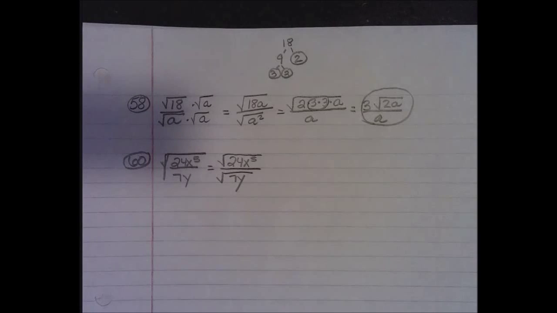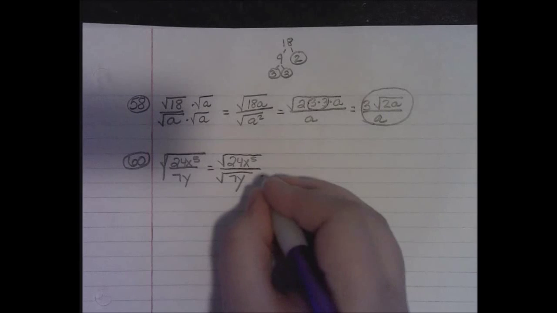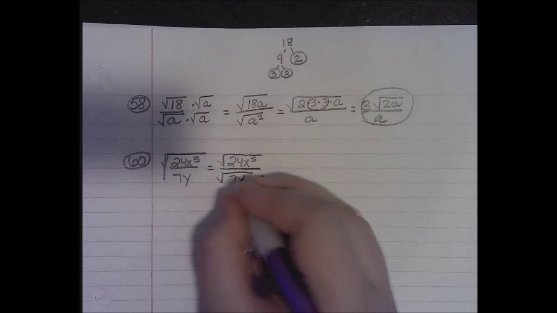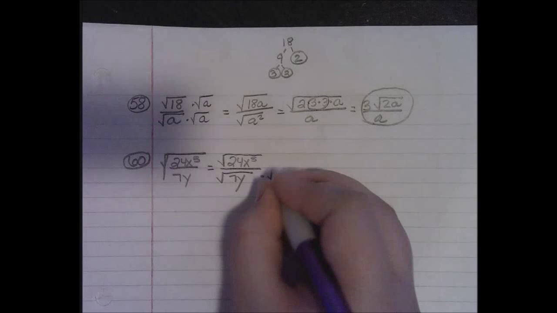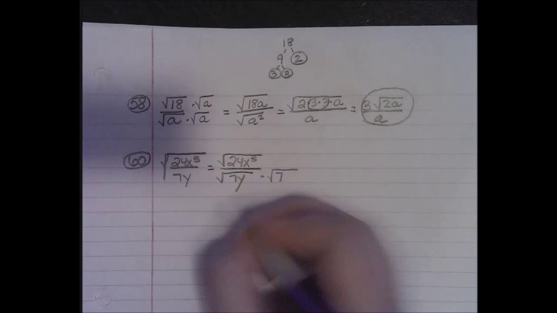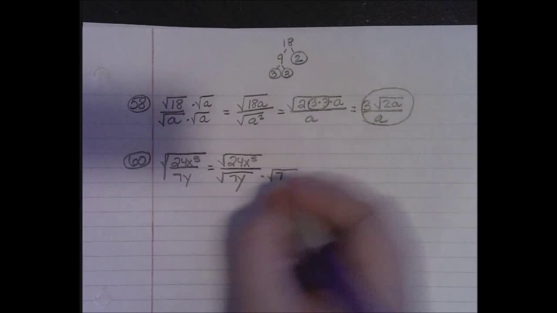Remember, you can go ahead and simplify your numerator first. However, since it's not going to change anything when rationalizing the denominator, I'm going to simplify it at the very end. So we have to think about what can we multiply by to get the 7 and the y out of the radical. So if I already have 1 7, that means I need one more. And if I already have 1 y, that means I need one more y.